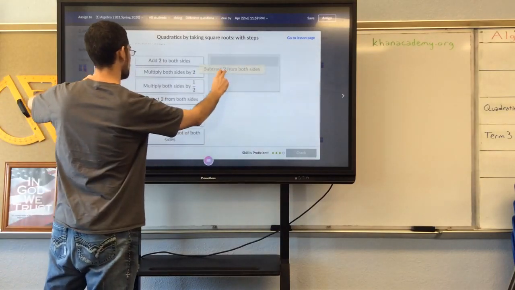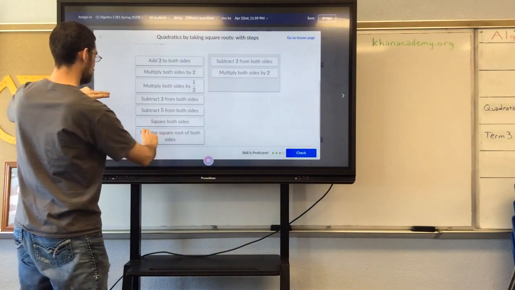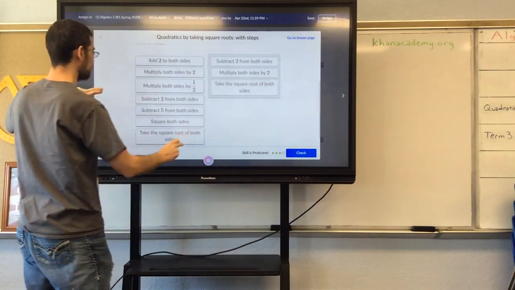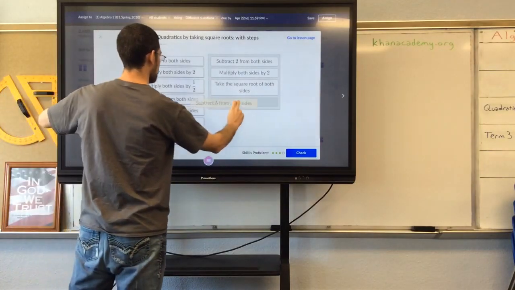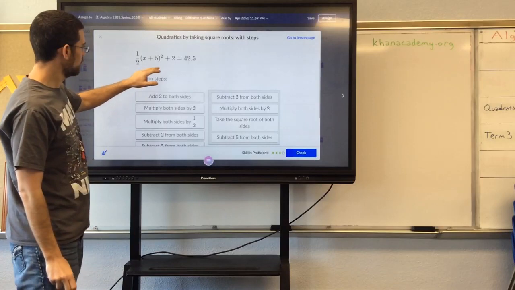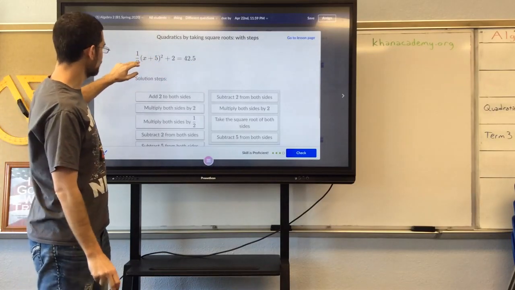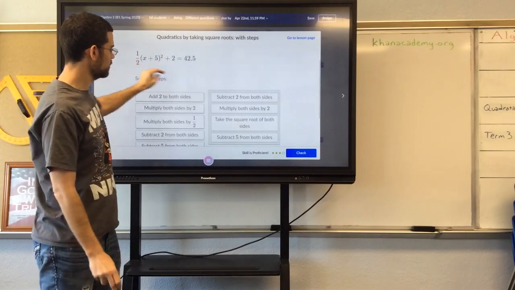Subtract 2, multiply by 2, take the square root of both sides, and subtract 5. Just check. Subtract 2, multiply by 2, square root, subtract 5.